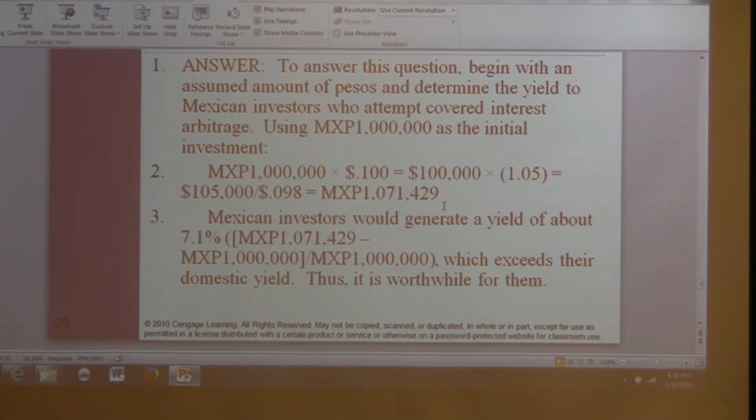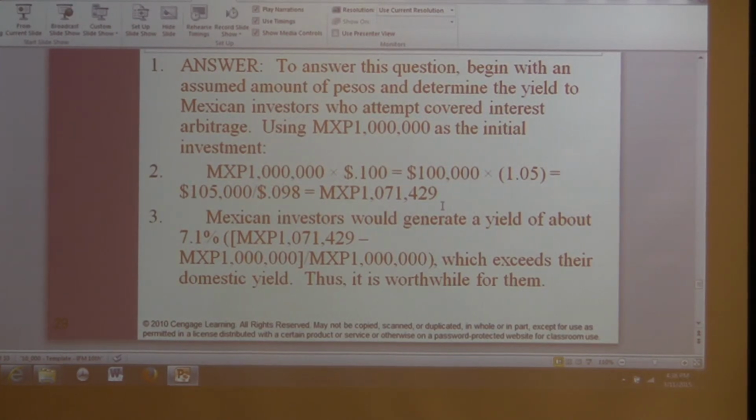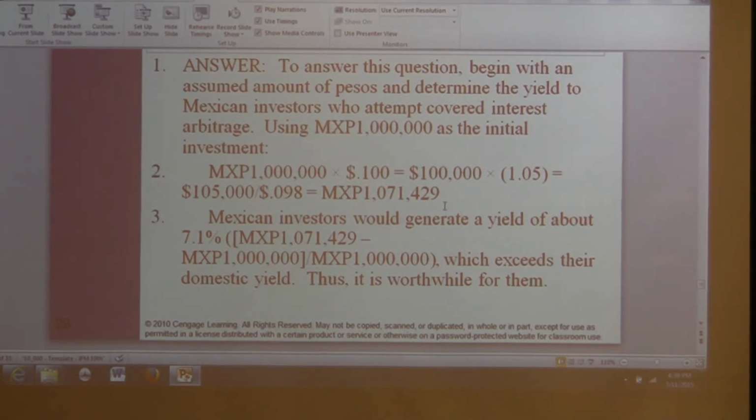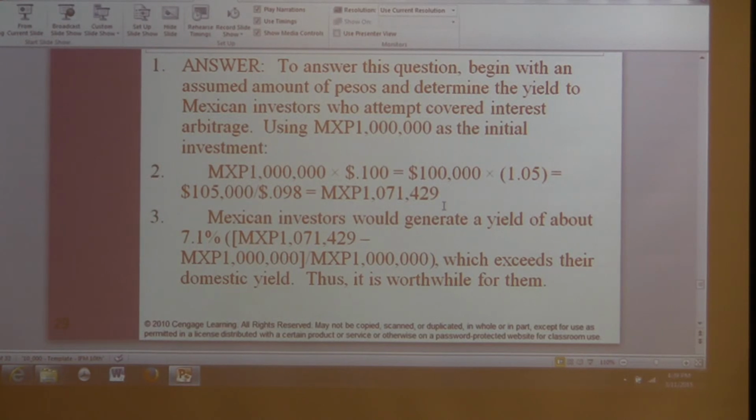And when you convert your money back, you end up with 105,000 times 10.2, that gives you 1 million. Okay, so that's what we get here.